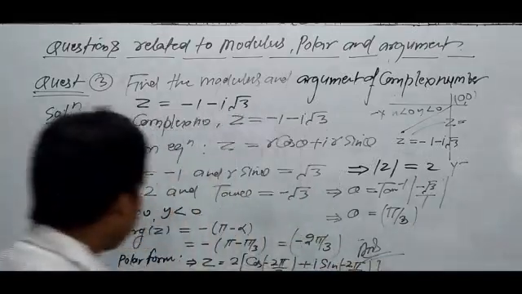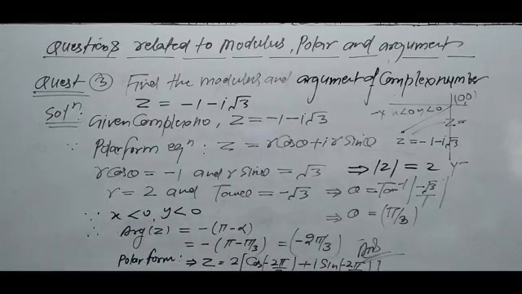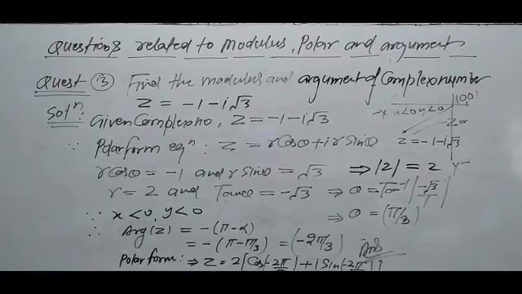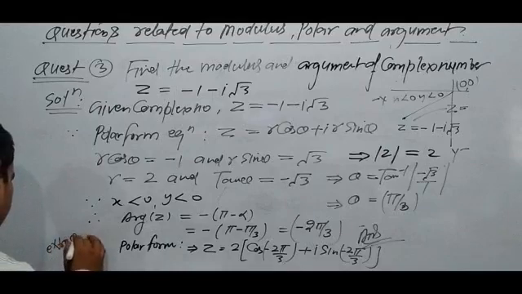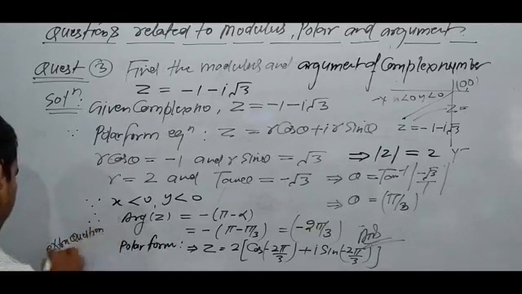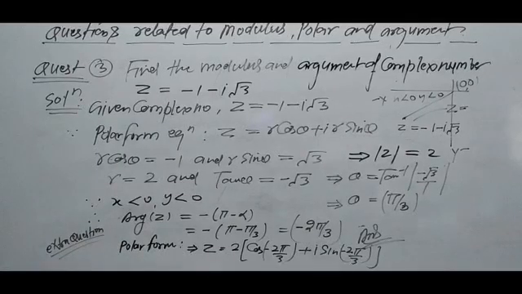This is also the polar form, this is an extra question. Now this is completed. Modulus, argument and polar form, all this is completed.